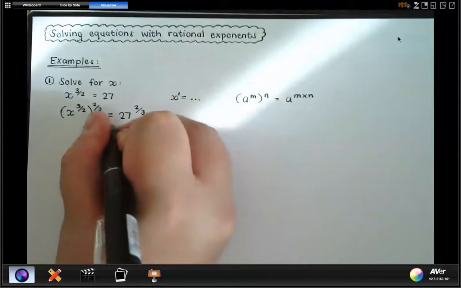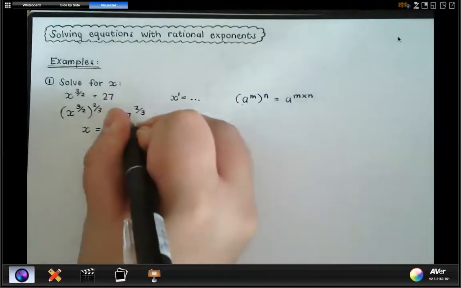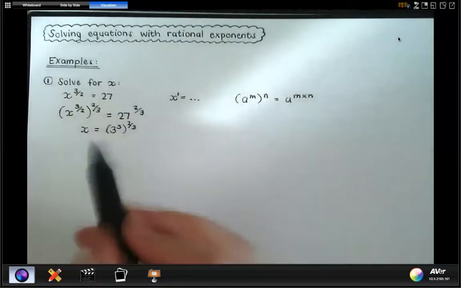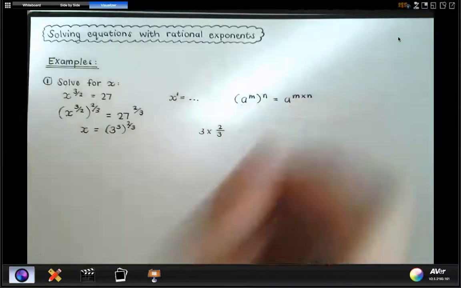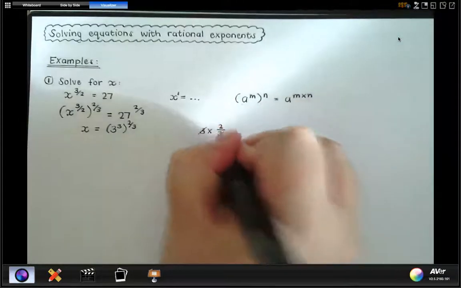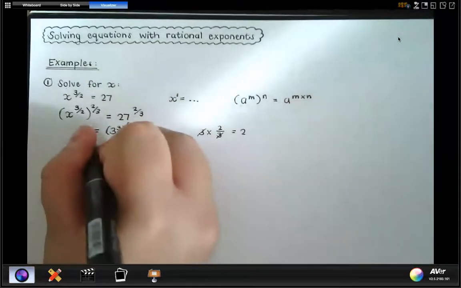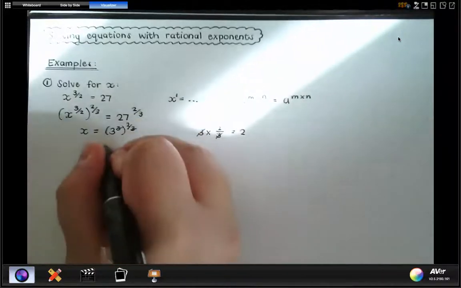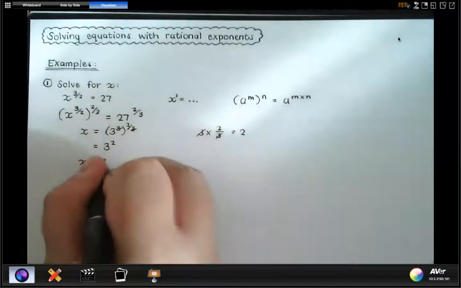So what we're actually going to do is write 27 as 3 to the power of 3, and then raise that to the power of 2 over 3, as it was originally. Now, what is 3 times 2 over 3? The 3's are going to cancel out, and we're just going to be left with 2. So here we are actually going to get a much easier number to work with. Those 3's cancel out, so we're left with 3 squared. So our answer is 9.